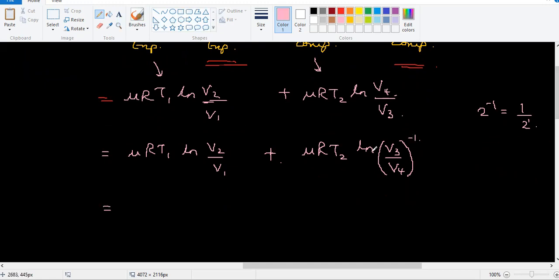According to log formulas, whatever you have in the power, you can bring it down and multiply. I don't know if I told you in this class or some other class, but logarithm is something like a different world. Whatever multiplication you do in the real world, you can do addition there. Whatever division you want to do, you can do subtraction there.